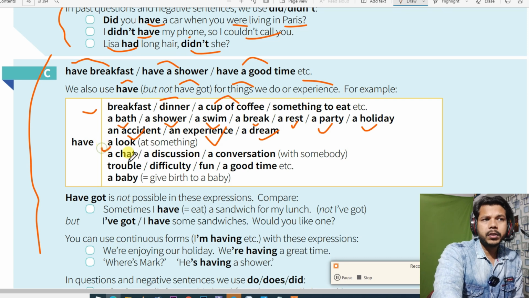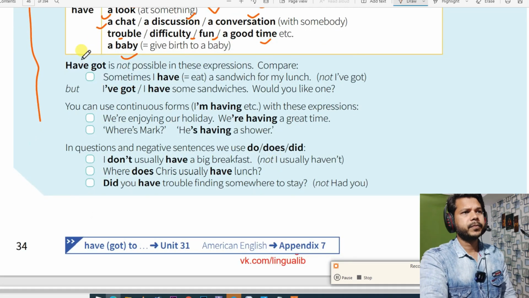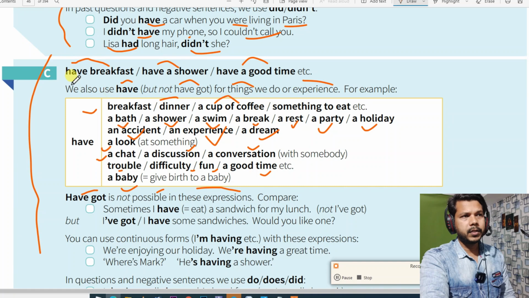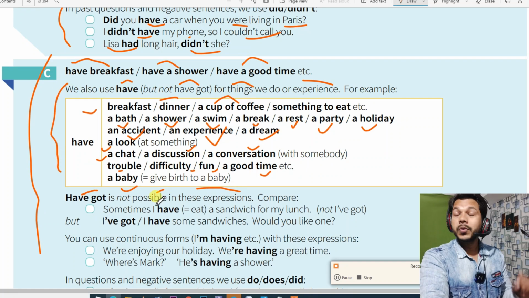Okay, have a look, have a chat, have a discussion, have a conversation, have trouble, have difficulty, have fun, have a good time, have a baby. You can use have like this. You can use ing also here. Have got is not possible in these expressions.